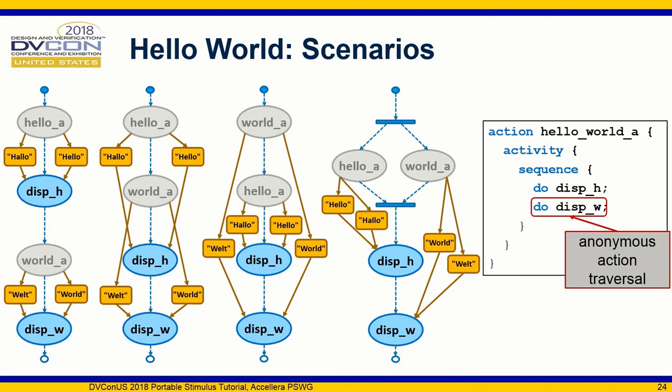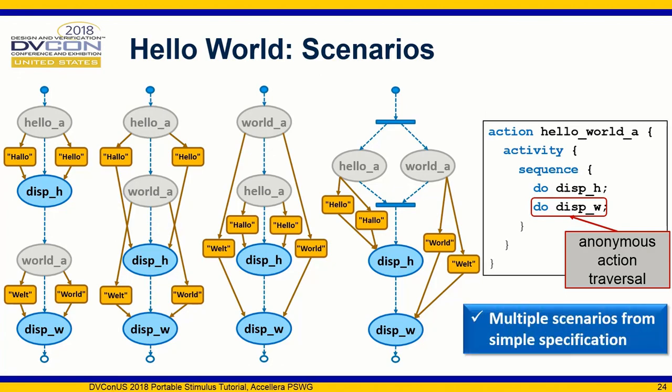That's all I care about. So I have all of these different scenarios from a single 2-line specification of my intent. And obviously this is a pretty simple system, but you can imagine the power of this sort of thing when you specify, I want these critical behaviors to occur in my activity, and I've defined the data flow objects and all the other rules around it to allow the tool to figure out all these really cool scenarios. So we have multiple scenarios from a simple specification.